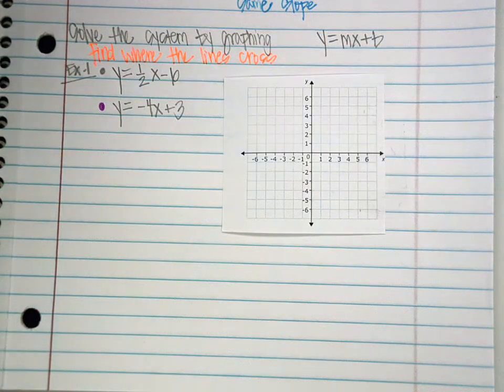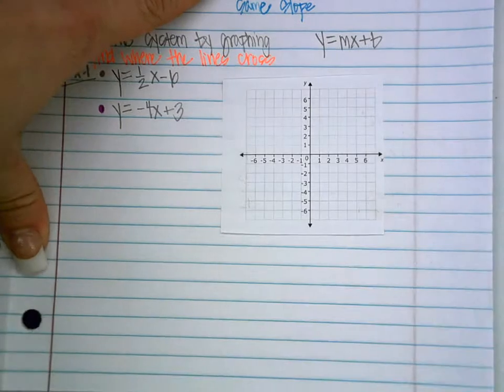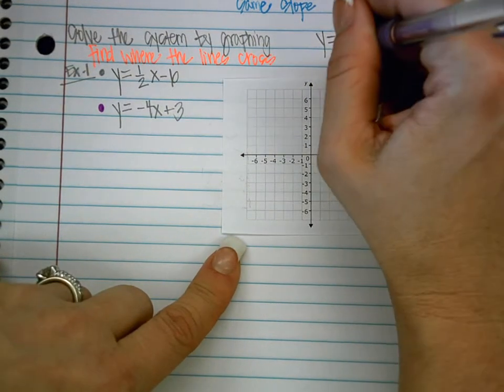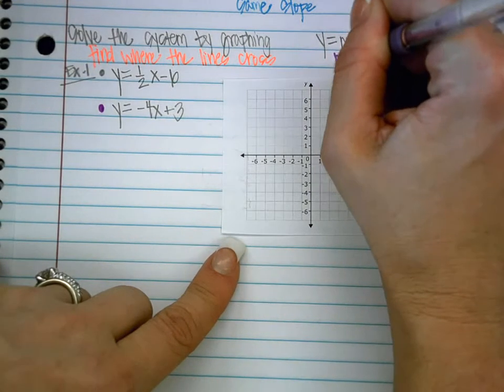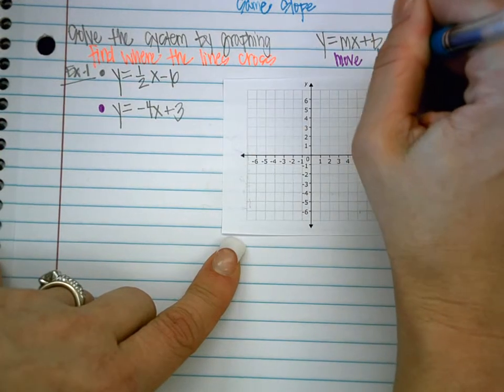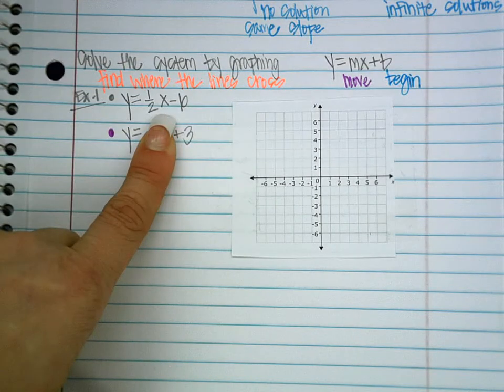What does the m tell you? M tells you how you move, and b tells you where you begin. So if we translate that into this equation, where do I put my first point?